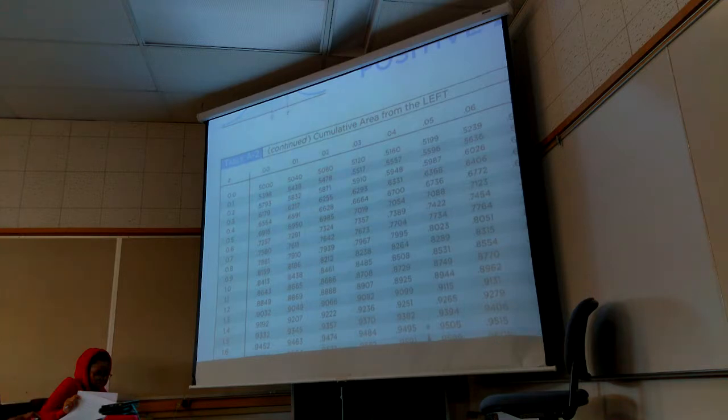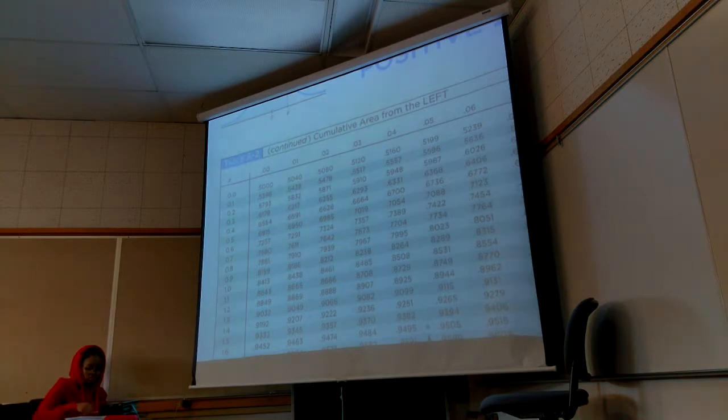So how do I find the area right there? If that's 84.13% and below this is 15.87, how do I find the area in the middle? Subtract them. Does that make physical sense? This goes too far. If I could chop that much off, it would tell me the area in between.